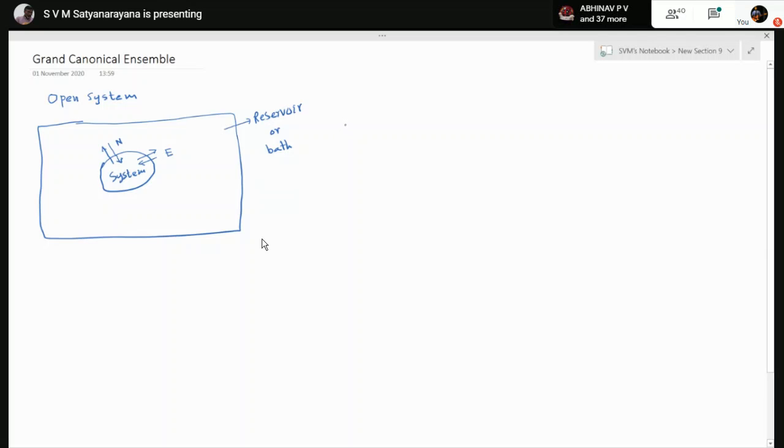So an open system is characterized by energy exchange and particle exchange between the system and the reservoir.